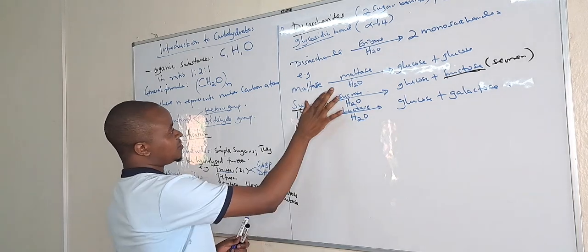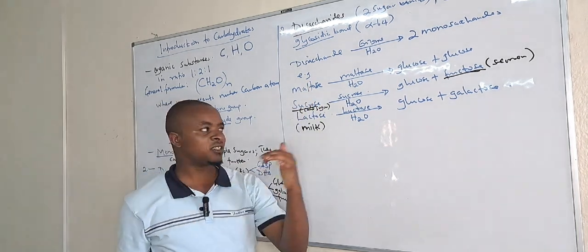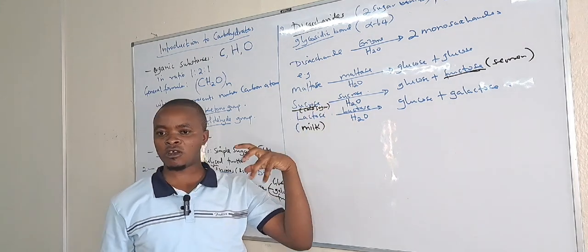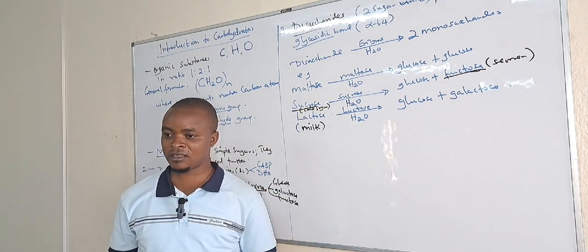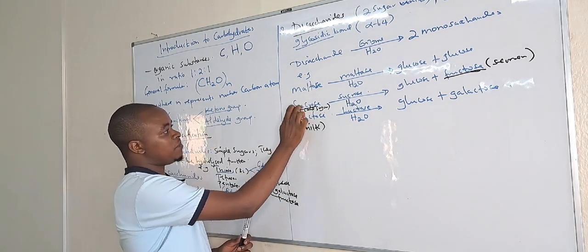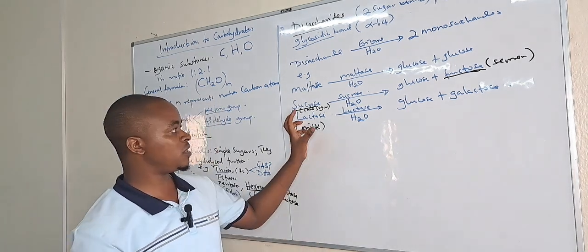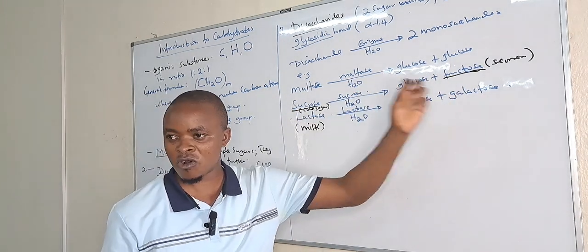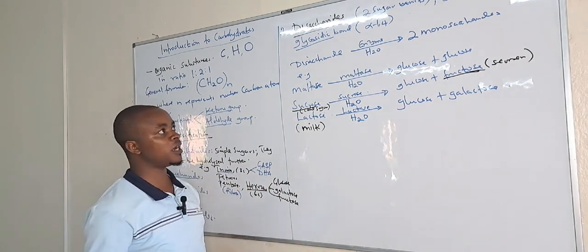Then maltose, for which we can't talk much. So I'm emphasizing that sucrose is a cane sugar or table sugar, and lactose is found in milk. These are the peculiar examples of disaccharides, and we have shown you how they can undergo hydrolysis to form two simple sugars.